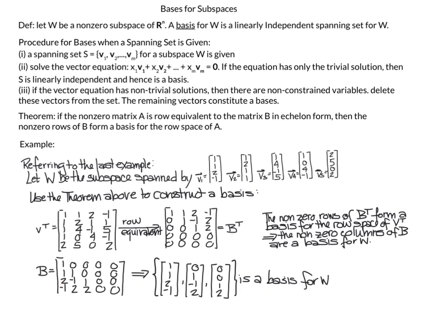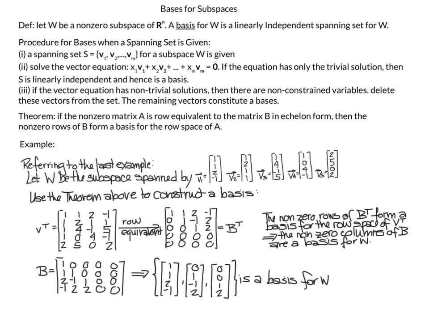Now these non-zero columns are a basis for W, because these rows, being a basis for the row space, are exactly the columns. So I can just rewrite this as the columns, and now these span W.